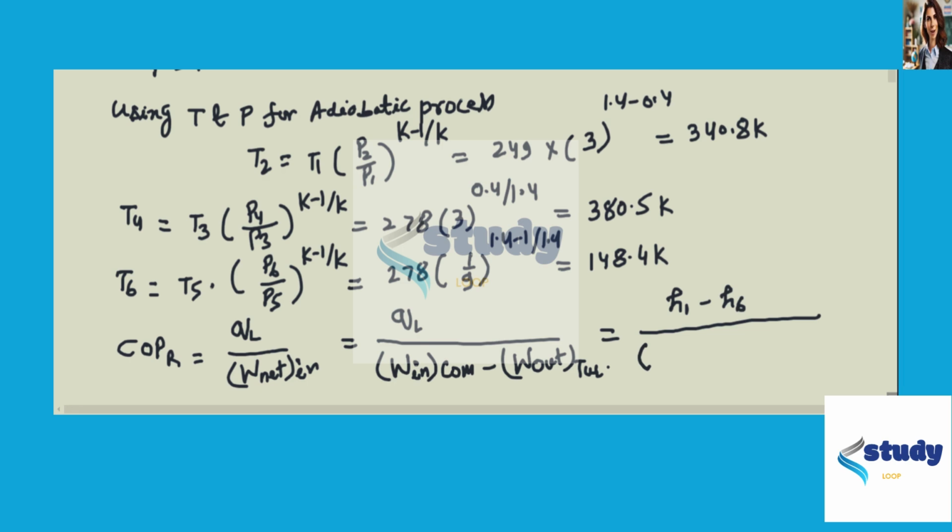Work done in by compressor is H2 minus H1 for first compression, and for second compression it is H4 minus H3, minus work output by turbine, so H5 minus H6. All these can be converted in terms of temperature.